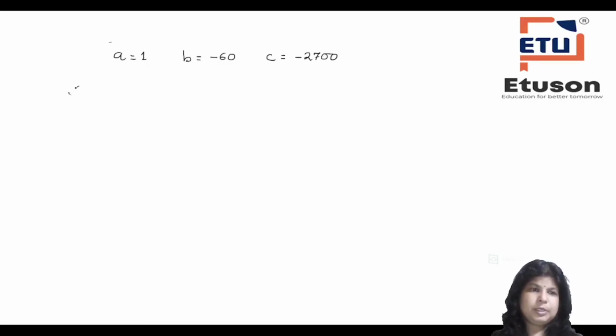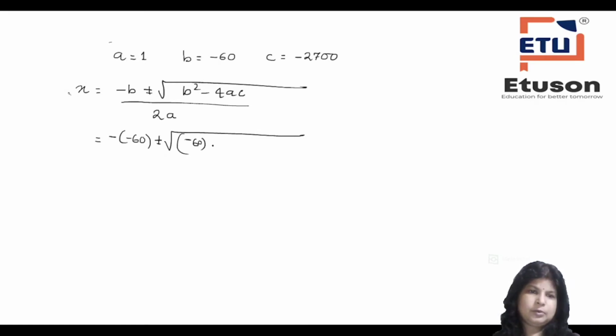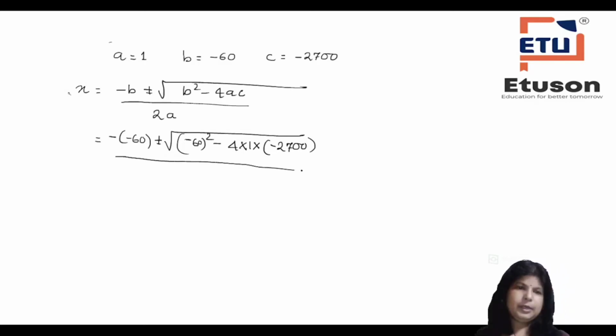So what will be your x value? x is equal to minus b plus or minus square root of b square minus 4ac divided by 2a. So minus of minus 60 plus or minus square root of minus 60 whole square minus 4 into 1 into minus 2700, divided by 2 into 1.